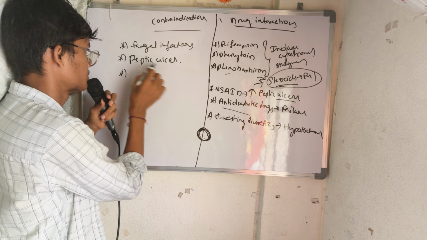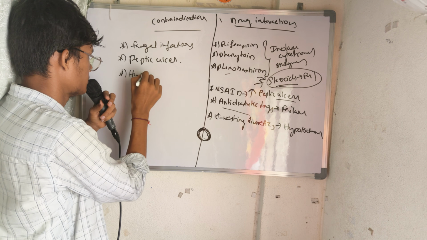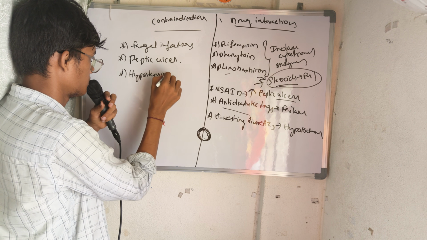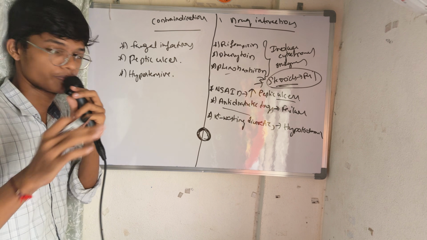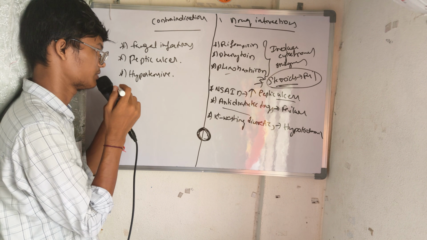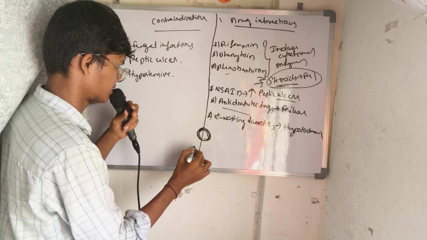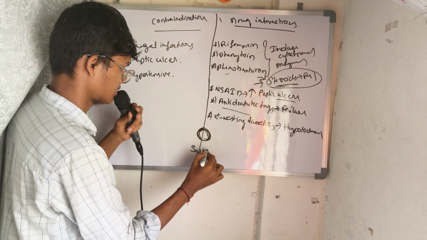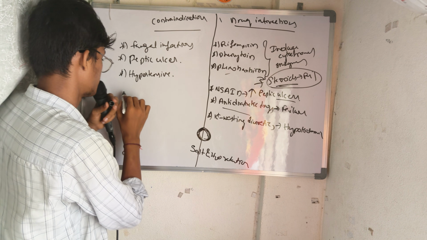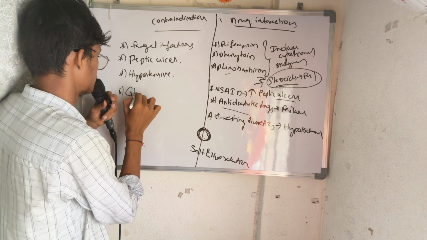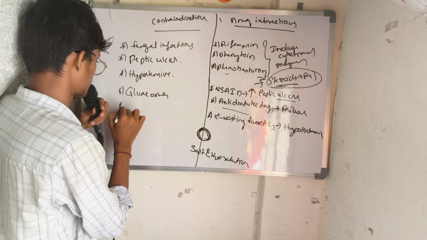So it should be contraindicated in peptic ulcer. It should not be given in hypertensive patients. Why? Because, if it must be given, the dose should be maintained. Hypertension, because it causes salt and water retention, so it might cause hypertension. And it should not be used in glaucoma.